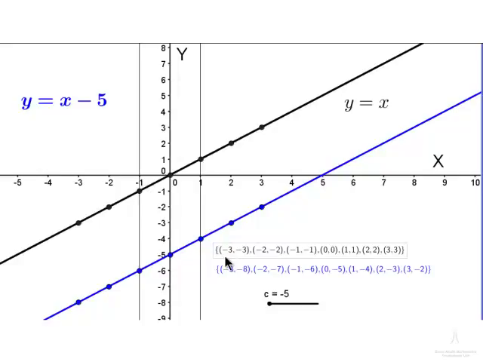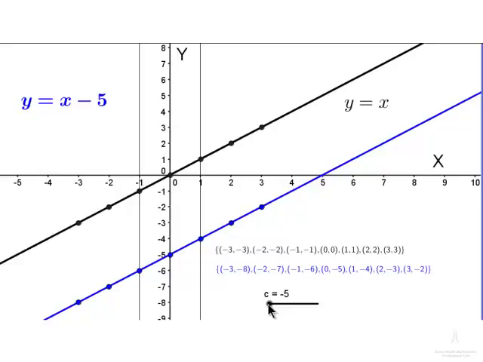I've also included here some points on the basic function and some points on the transformed function, as well as the straight lines x equals 1 and x equals minus 1. So firstly, let's just move the slider and look at the general movement.